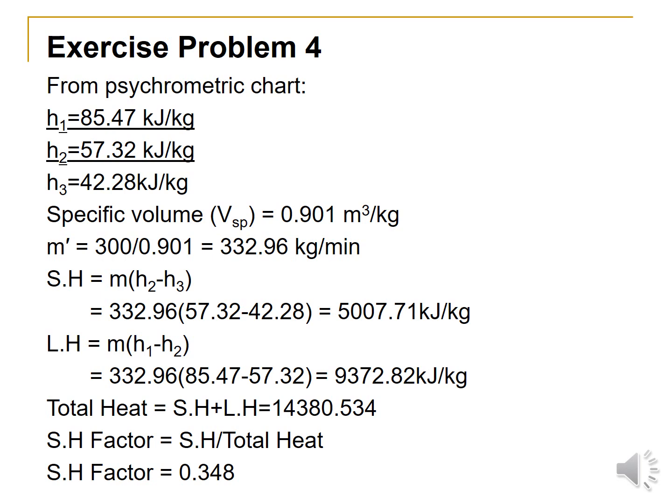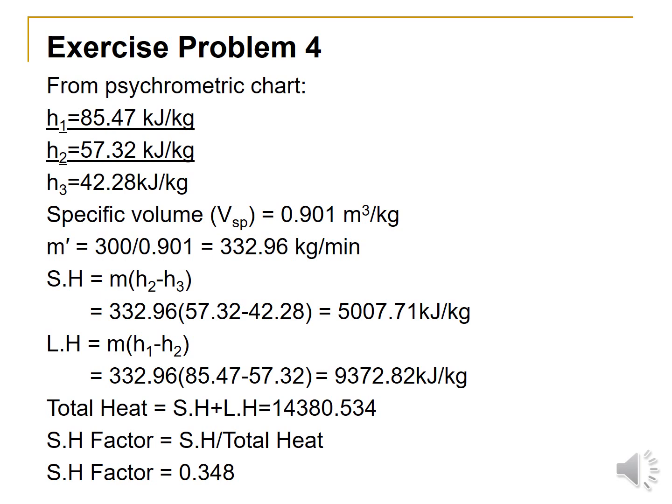So specific volume at point number 1 is also calculated as 0.901 cubic meter per kg, and the mass flow rate is found to be 300 divided by 0.901, which is equal to 332.92 kilojoules per minute. So the sensible heat is equal to m into h2 minus h3.